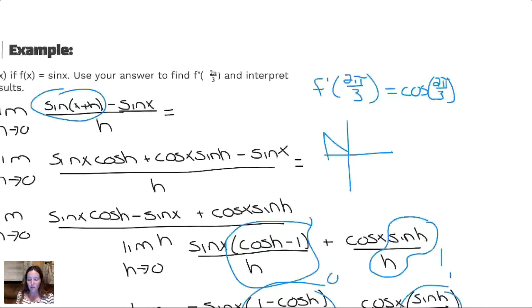Across from the angle is the root 3. 1, 2. The 1 is negative because it's an adjacent side. So you get cosine is negative 1/2. So the interpretation, f prime of 2 pi over 3, is the slope of the function sine x at 2 pi over 3, which is actually going to equal negative 1/2.